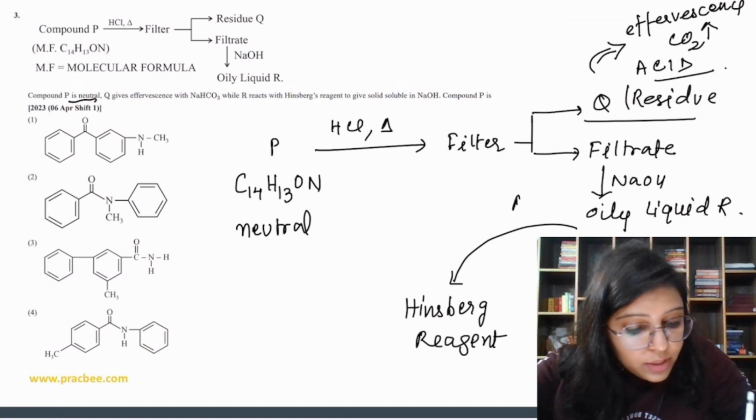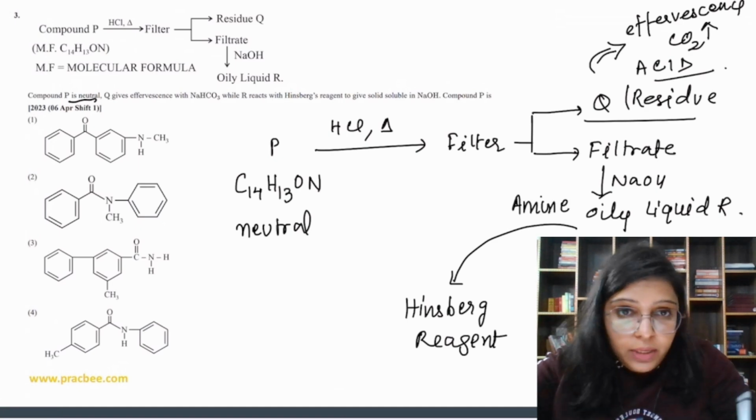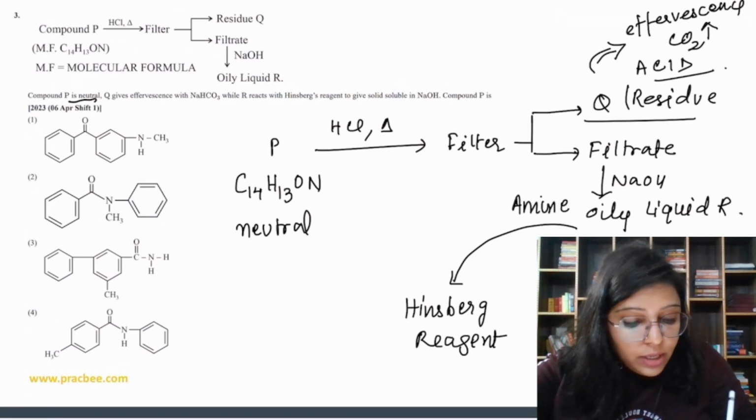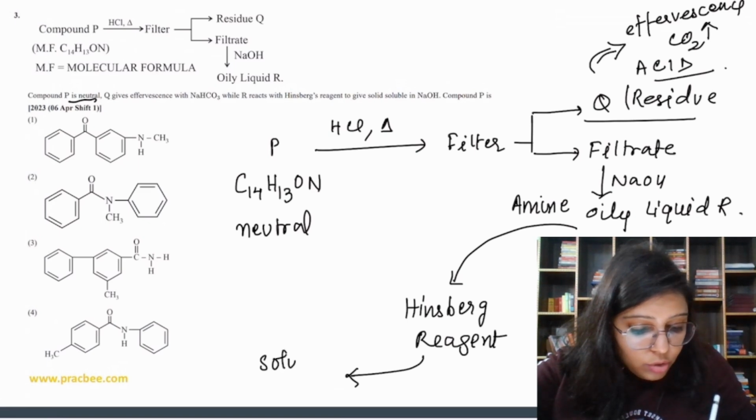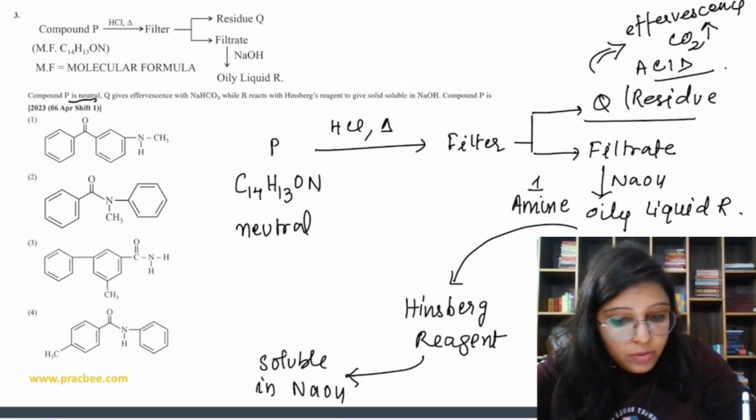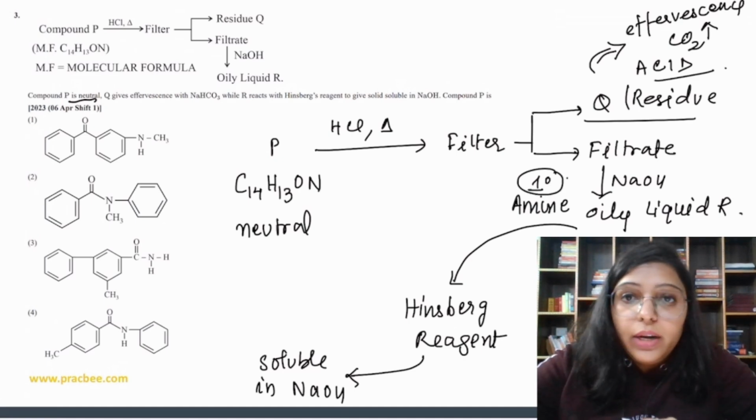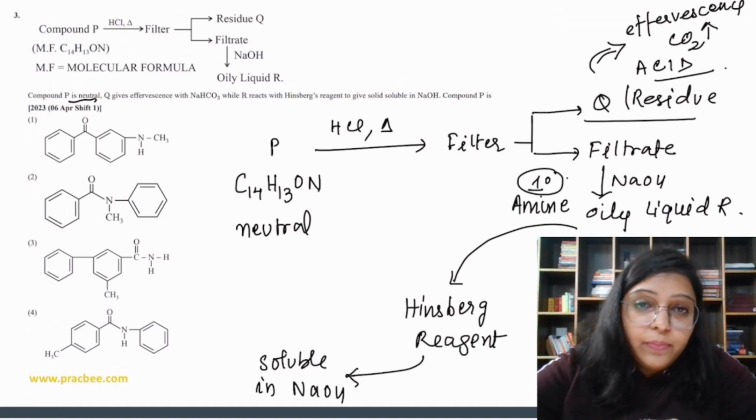So it means R must be an amine. So an amine can react with Hinsberg reagent, and if the sulfonamide is soluble in NaOH, it means that the amine is going to be a 1 degree amine.